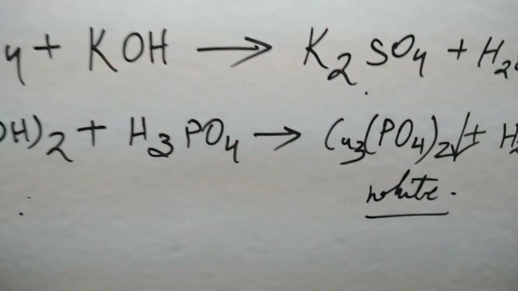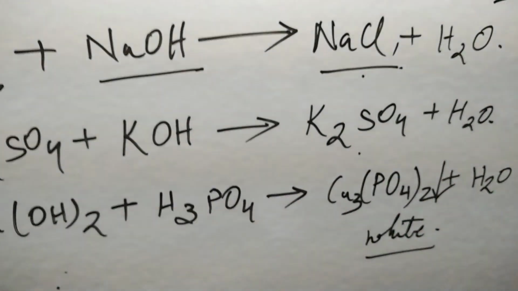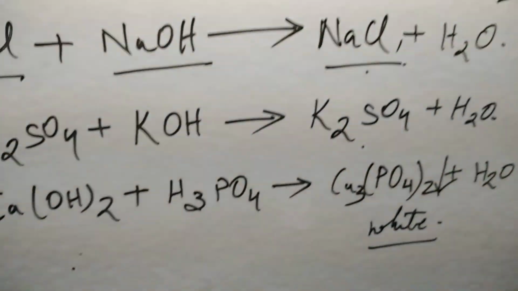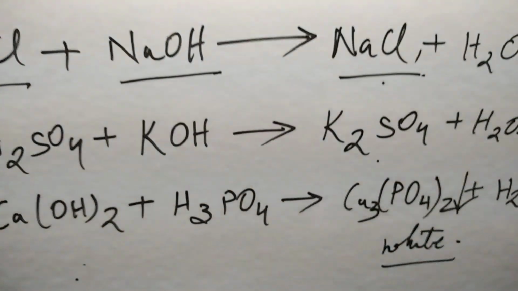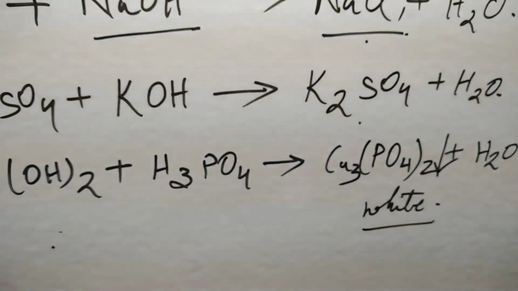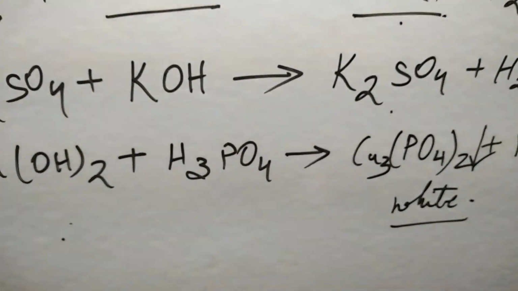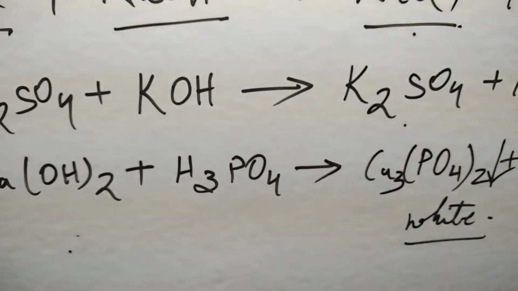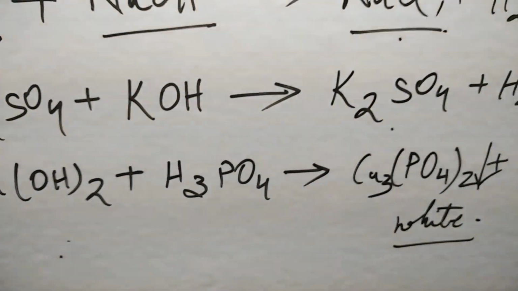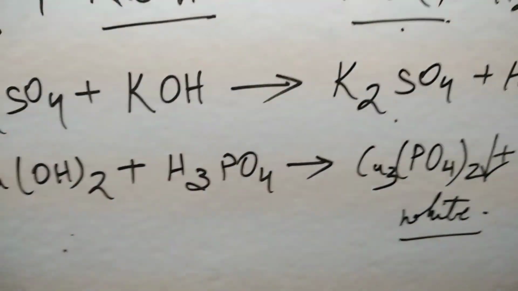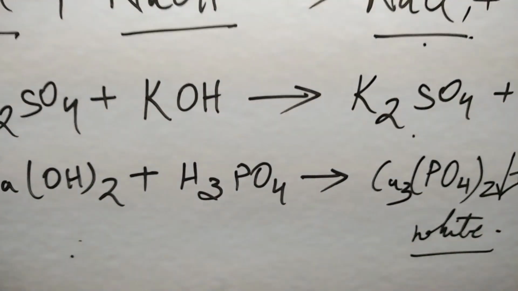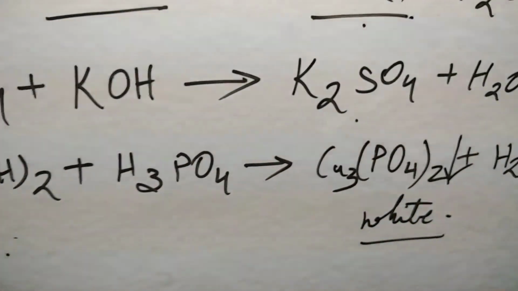Okay students, understand? This is the funda, nothing else, that a precipitate will form. Yes students, in a neutralization reaction a precipitate can also form. Don't be confused in reading chemistry. These are some funda. That's why chemistry is a mystery, and this is one of the mysteries.